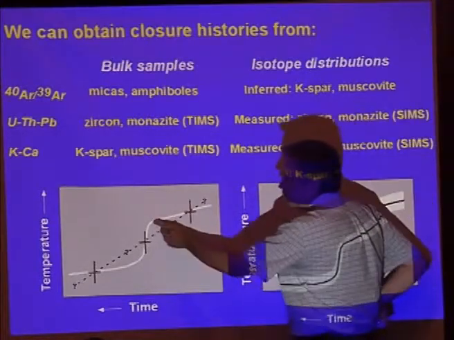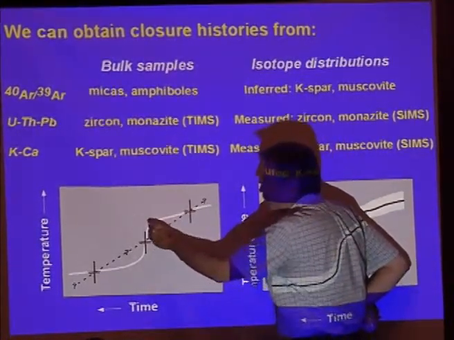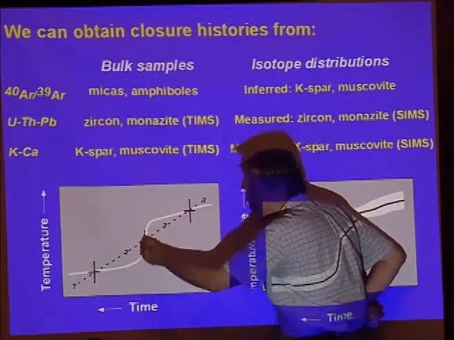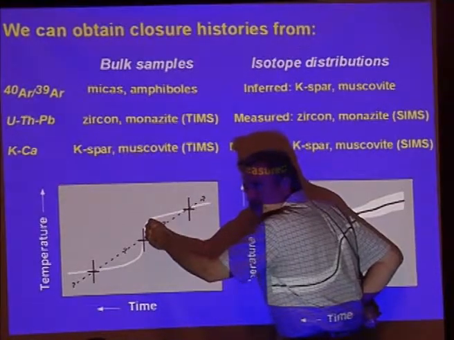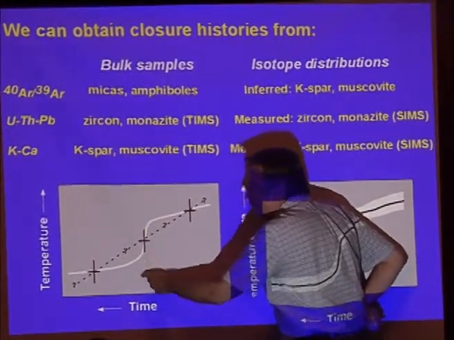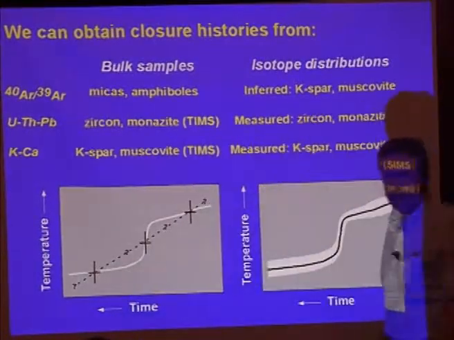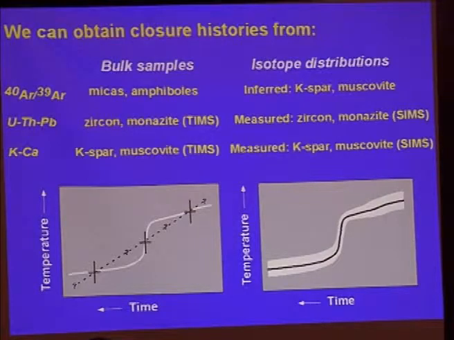And if we can constrain the time at which this hypothetical normal fault began, and of course the rate of cooling, if it cools like this, the slip rate on the normal fault is less than if it cools like this or if it cools like that.